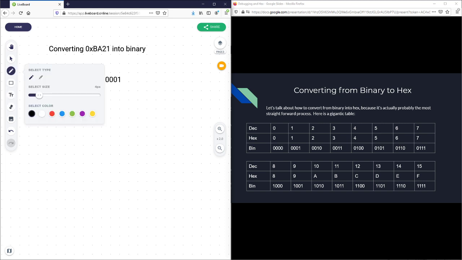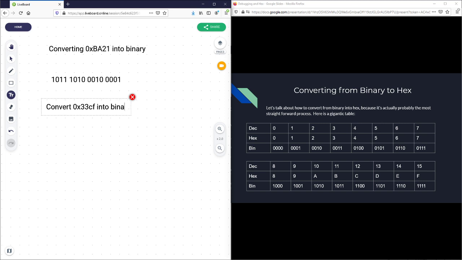So let's do it again. Let's convert 33CF into binary. We're going to do the same thing that we did before. It really doesn't matter which side you start on, as long as you do it consistently.